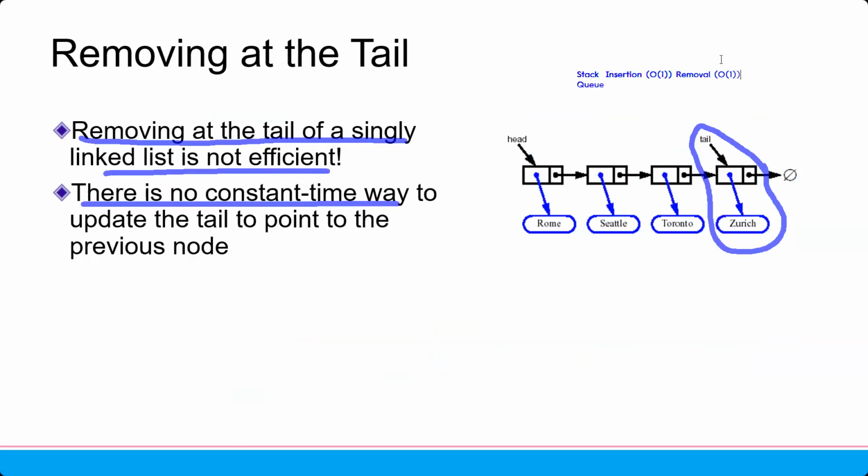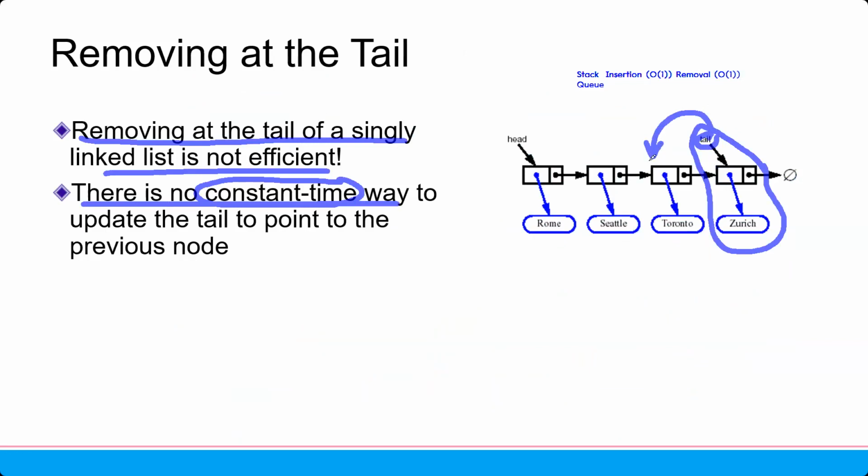So whenever you use this kind of data structure, we want to get constant time. If you can make a data structure with constant time, that is the best, because the goal of the data structure is to make your algorithm efficient. But if we want to remove the tail, it is not efficient because whenever we want to update the tail, we need to find the last element.